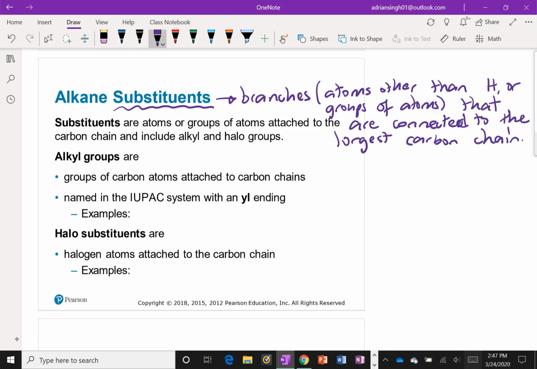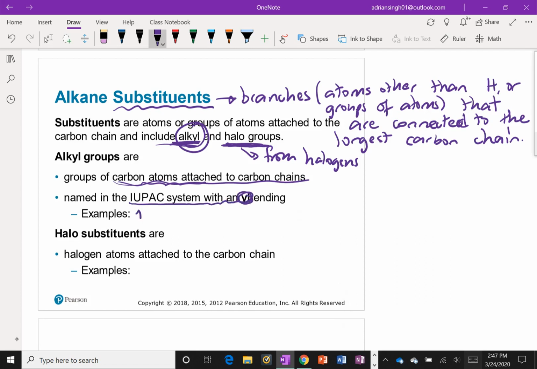And these substituents, or these branches, can come in a couple different varieties. They can be what are known as alkyl groups, or they can be halo groups. And you can probably think where halo comes from. That's from halogens. What are alkyl groups? Alkyl groups are just groups of carbon atoms that are attached to the carbon chain. And we name these according to a systematic way, the IUPAC system, and they're going to have a YL ending.